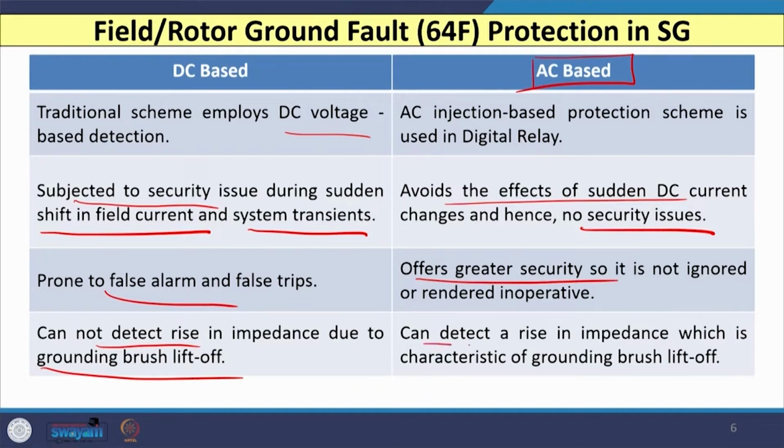This scheme can detect an increase in the impedance, particularly in case of the grounding brush lift off. That is why most utilities are using the AC voltage based detection scheme for the detection of the ground fault in the synchronous generator.